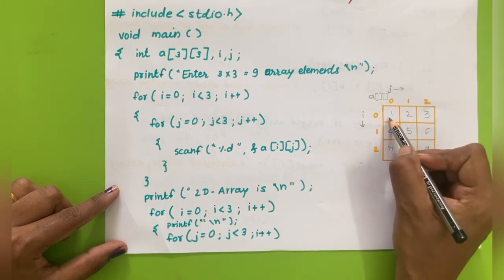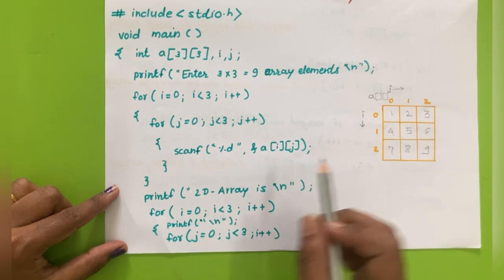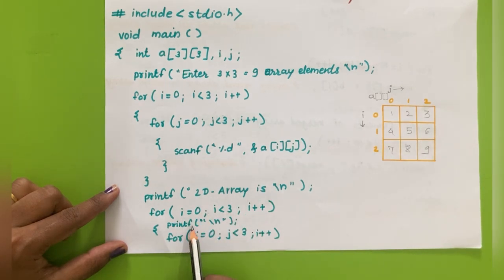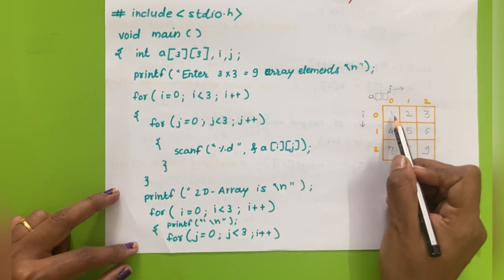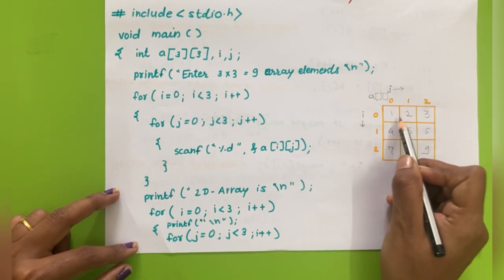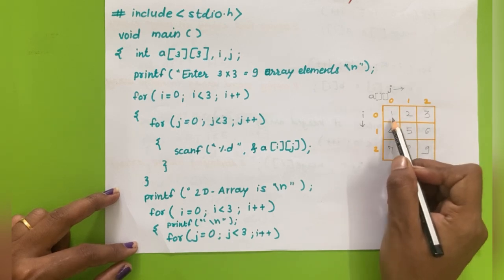Okay, so for a single iteration of I, we have used printf of \n, and in between these two column elements we have to print \t to separate these elements.